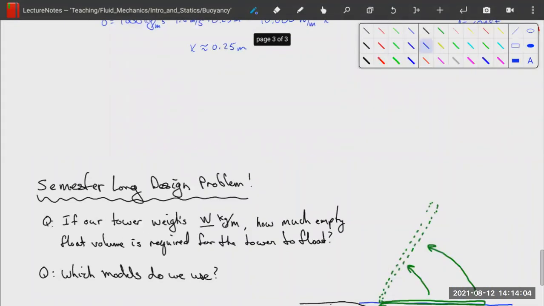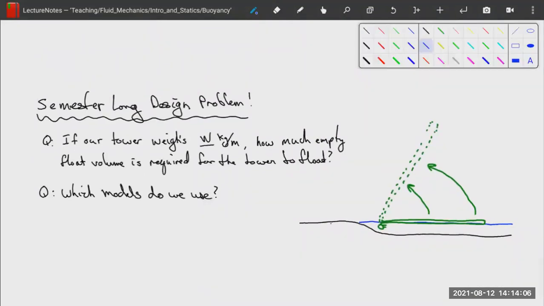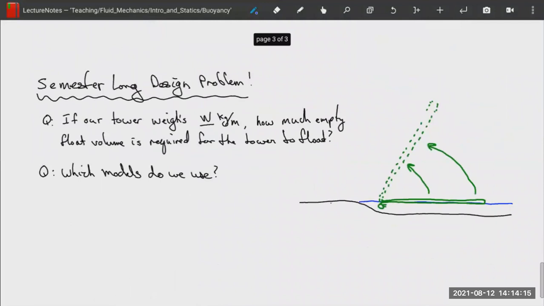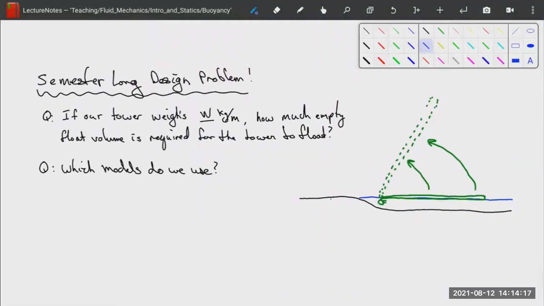Cool. All right. So in class, we'll go over another instance of our semester-long design problem. This time, we're going to try to design how much empty float volume is required for the tower to float. So if you think about this tower, it's going to have to start horizontal, floating on Lake Erie, however long it ends up being, and then it's going to have to rise up from there as it goes towards the sky.